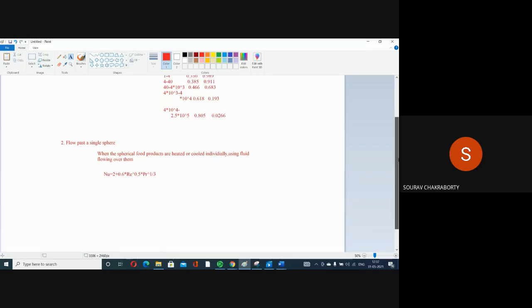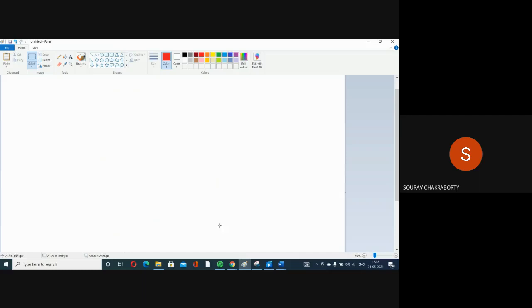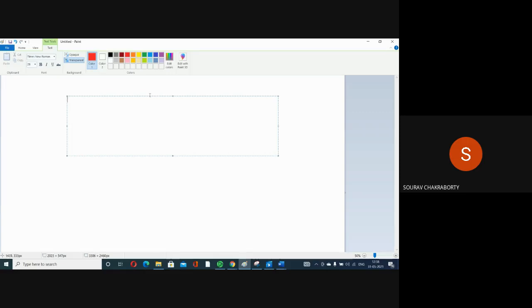So let me erase it. We can erase this, erase it further. Okay, so one numerical we will be solving on the basis of the flow over a sphere. The numerical is, let me write down the problem first.